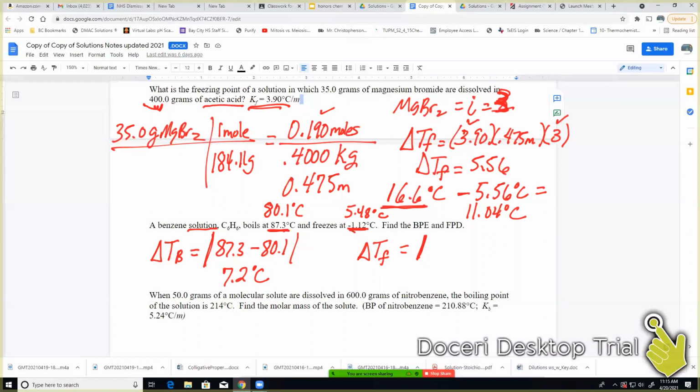So I need to take the absolute value of my higher number, which would be my original, and subtract the new freezing point, which in this case is negative 1.12. So negative and negative makes a positive number, so it actually becomes 5.48 plus 1.12, so 6.60 degrees Celsius is how much that changed.